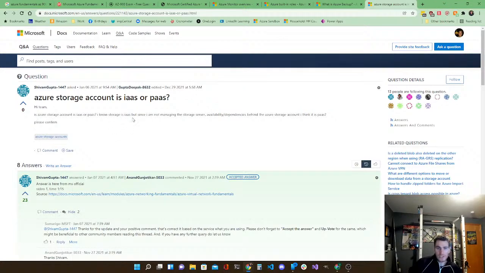I know storage is IaaS, but since I'm not managing the storage server, it's behind the Azure. Yeah, that's how I think of it. Like, are you managing the operating system and updating the operating system? No, I'm not. I don't even know what operating system it's running on.